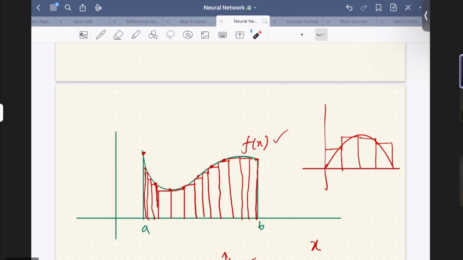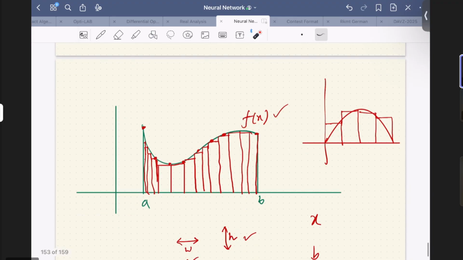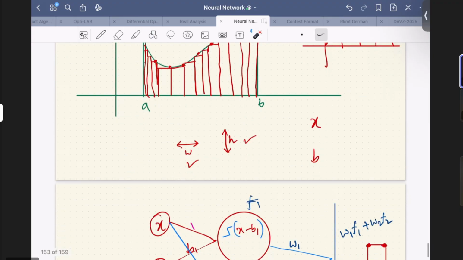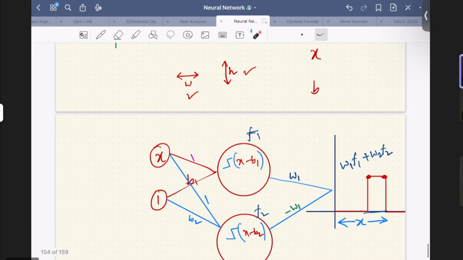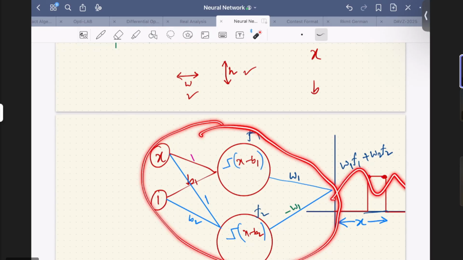Yes. My neural network is no more a single piece of signal, as I keep stacking all the rectangles under a particular function, and by choosing height and width properly, this itself now gives my function.